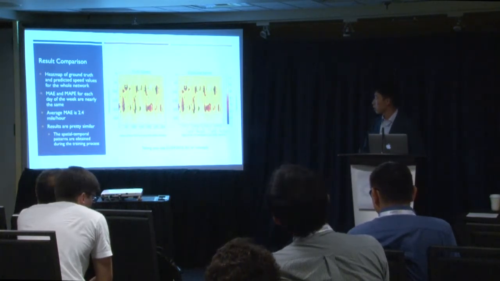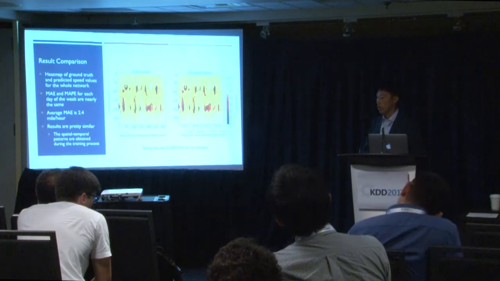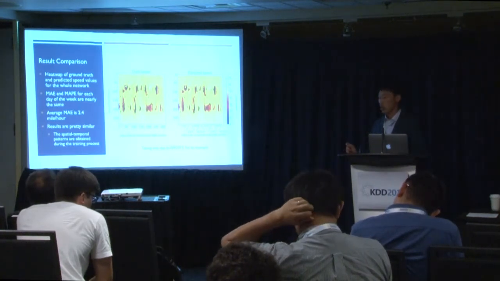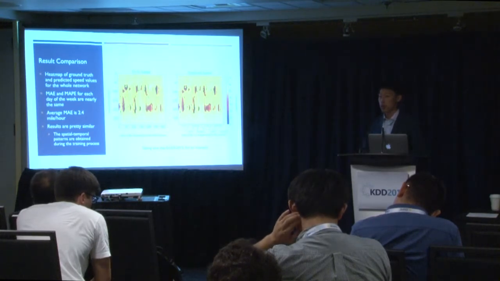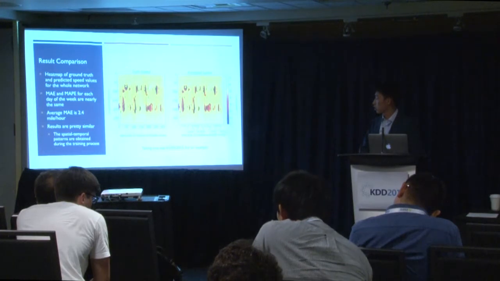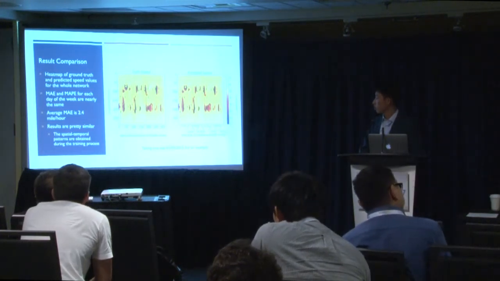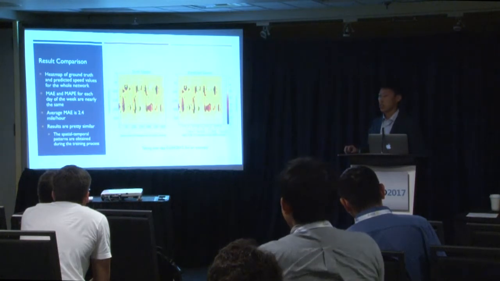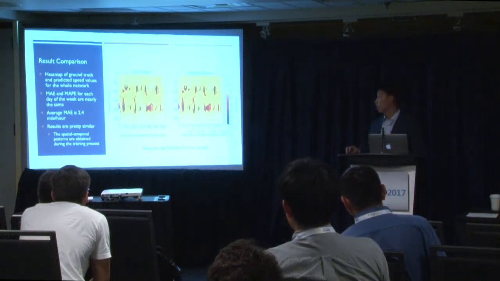The MAE and MAPE of each day of the week are nearly the same. So that means our model works for different traffic patterns, and also the average MAE is 2.4. That means the average error of the prediction at each sensor location is 2.4 miles per hour.